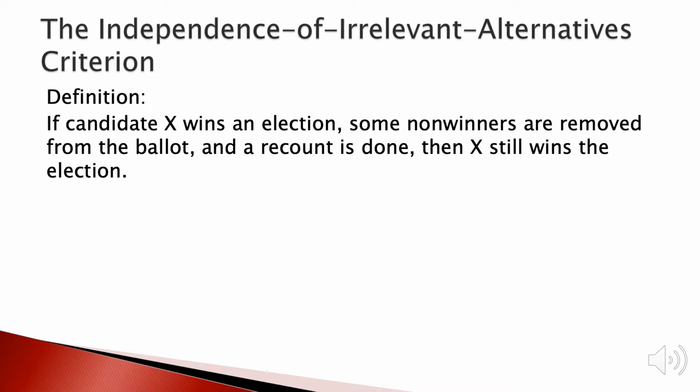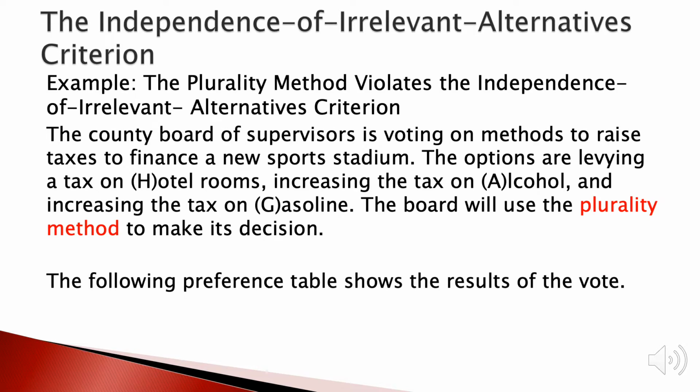It is defined as: if candidate X wins an election, some non-winners are removed from the ballot, and a recount is done, then X still wins the election. For example, the plurality method could violate this criterion. The Board of Supervisors votes for a method to raise taxes.